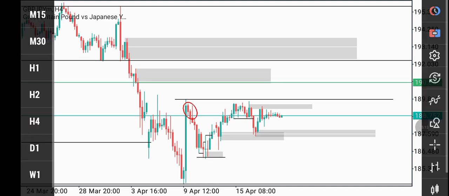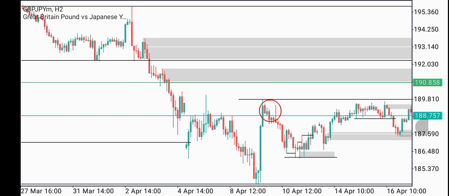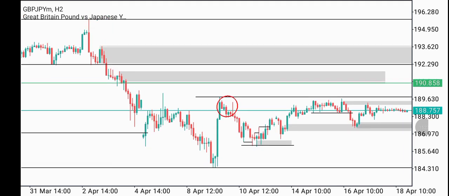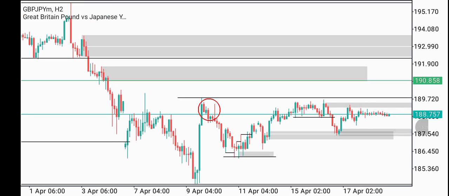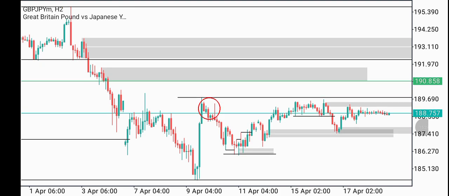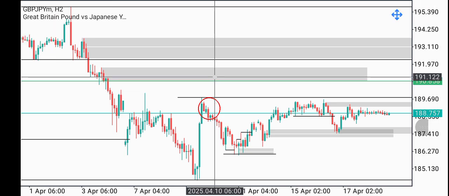So what I do from here is to scale down to the 2 hour. That imbalance is still there. So if you come to the 2 hour, you can see that the upper zone is looking valid, and this zone is not really meeting all the criteria.